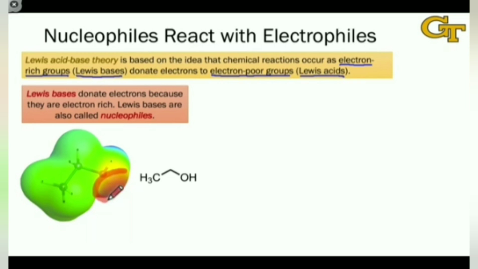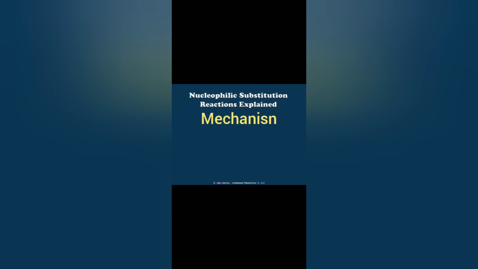You can see the redness in the oxygen zone, and blue in the outer region. It shows that the electron density is maximum there, so it can act as a nucleophile, because of the presence of a lone pair of electrons.